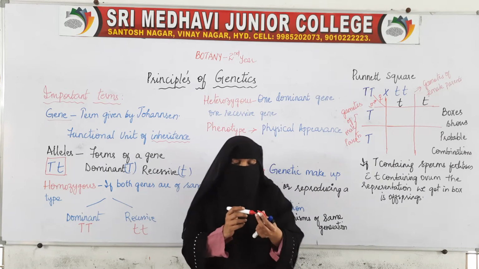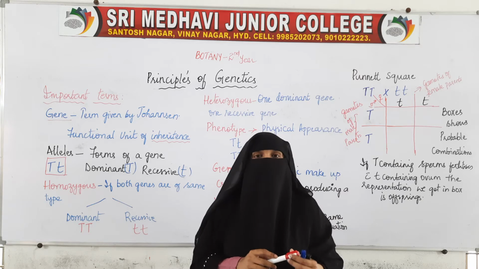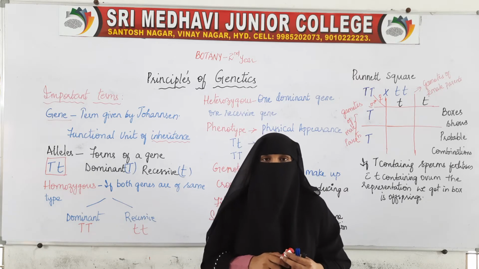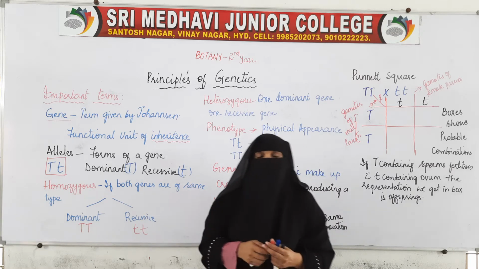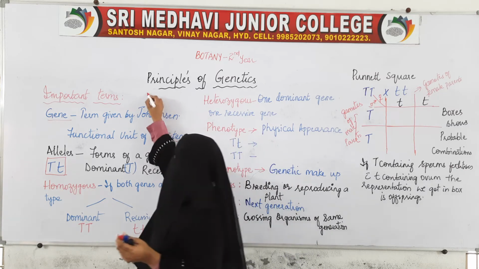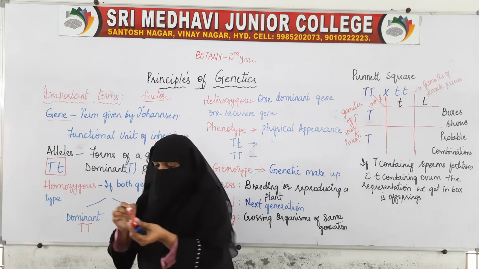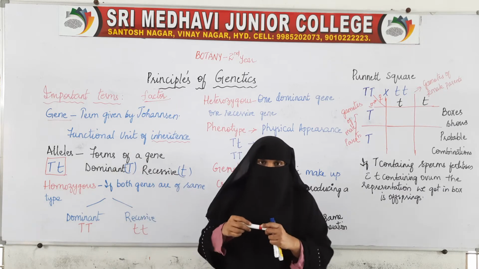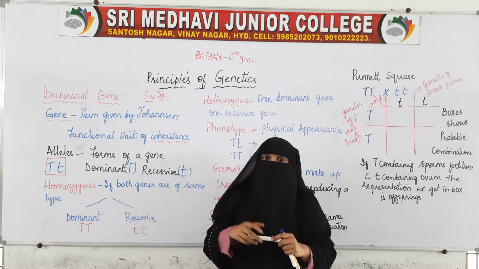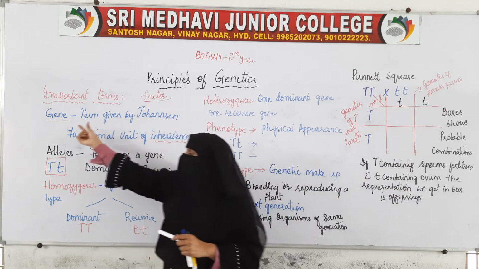Earlier, genes were called factors or discrete units by Gregor Mendel. Now, for this factor or discrete unit, we use the term gene.